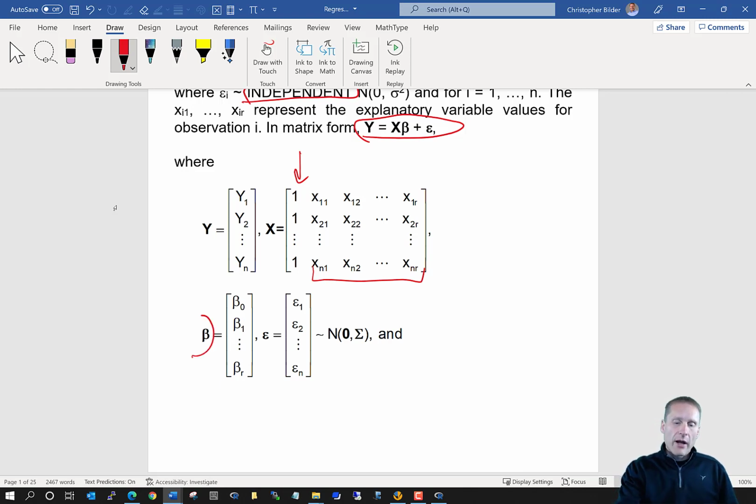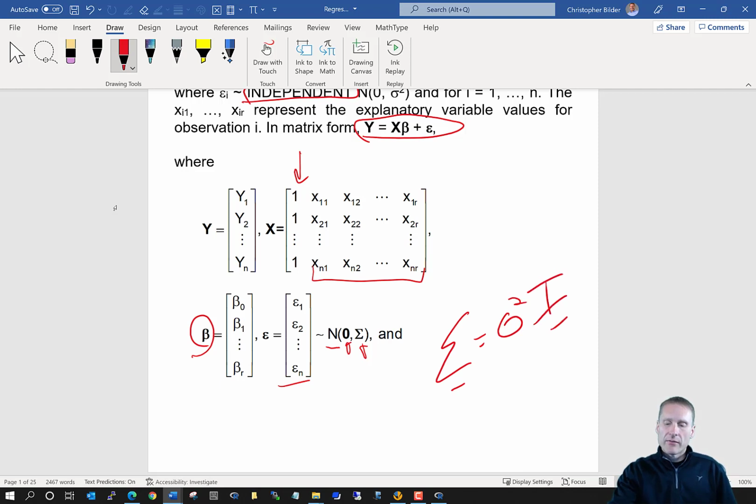We have our regression parameter vector, beta 0 through beta sub r. We have our epsilon vector as well, epsilon 1 through epsilon n. We can say that this epsilon is distributed multivariate normal with a mean vector of 0, a covariance matrix sigma that has a specific form. Simply, sigma is equal to sigma squared I, where I is the identity matrix.